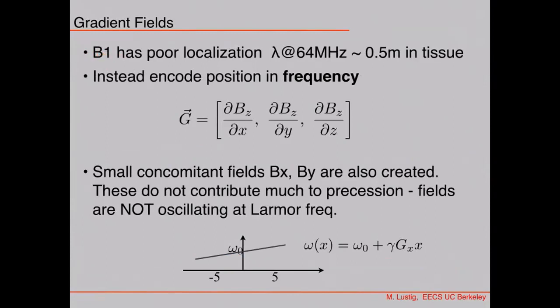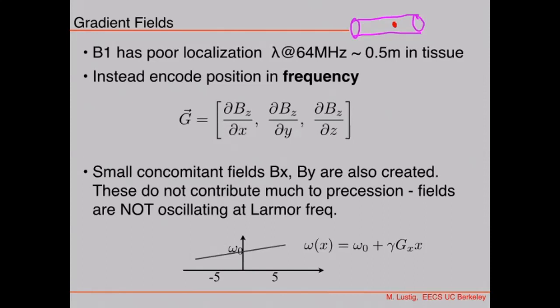So let's say I have a magnet, and I apply the radiofrequency field. But let's say I put a tiny RF coil inside, and that tiny RF coil only sees a very small part of the sample. It doesn't see the entire sample. So using this excitation, I can actually excite only part of the sample.